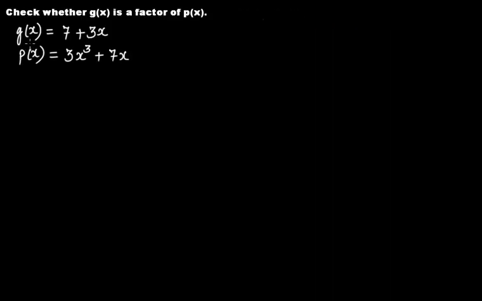So if g(x) is a factor of p(x), it means that when you divide p(x) by g(x), your remainder should come 0.